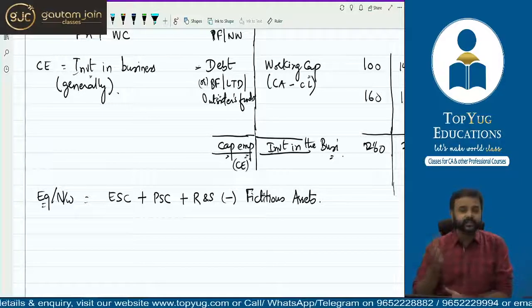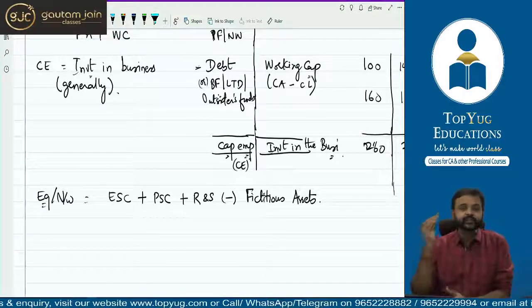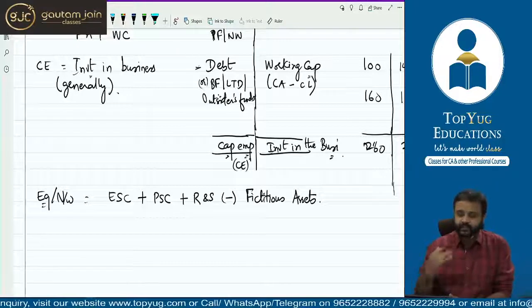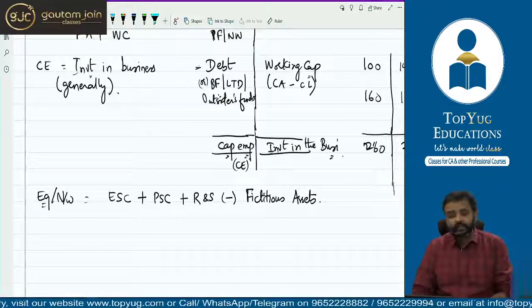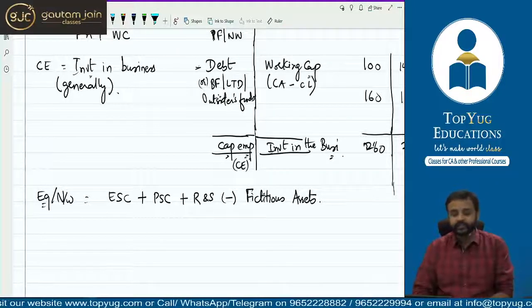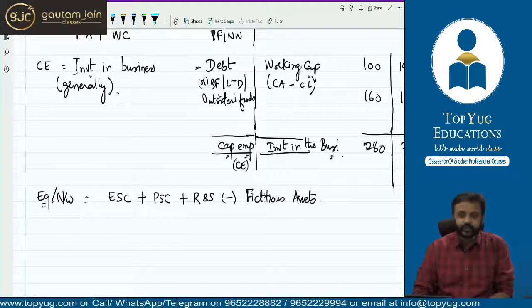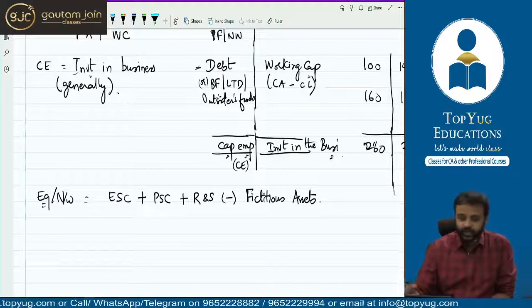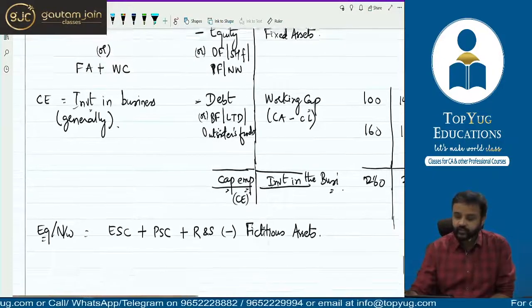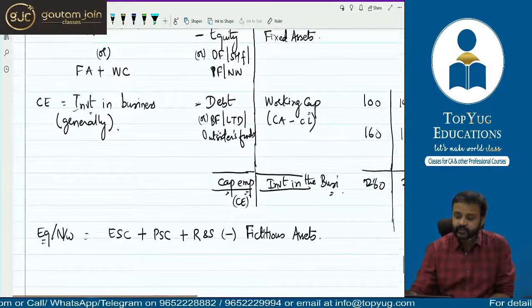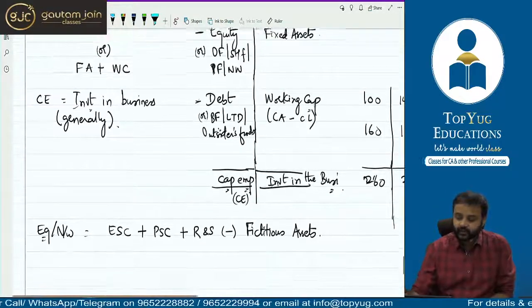You would have written that on the asset side, but ideally that should have been subtracted from reserves and surplus. That's where I'm bringing it here and saying subtract fictitious assets from reserves and surplus. This is what is equity or net worth, okay? Or proprietors funds or owners fund. It can be called by different names, or shareholders funds as well, right? Shareholders funds, owners funds, proprietor funds, net worth, it's all one and the same.